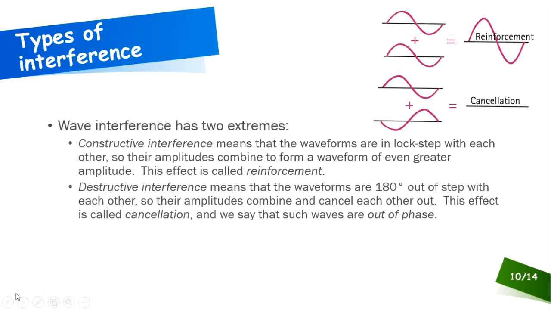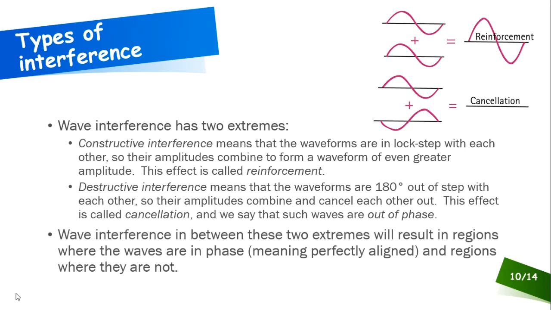Now, this happens only when you're 180 degrees out of phase, because that's just the other end of constructive interference. Now, obviously, you could have waveforms that are out of step, but not 180 degrees with each other. And that means you're going to be somewhere in between those two extremes that we just described. So you're going to have regions where the waves are in phase, so you're going to get some reinforcement.